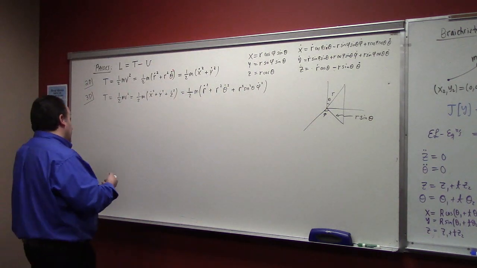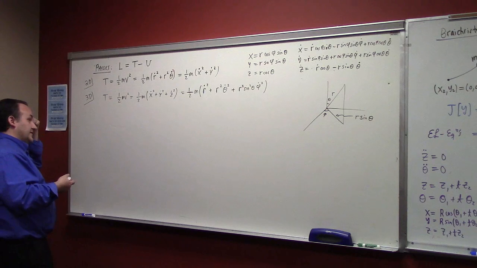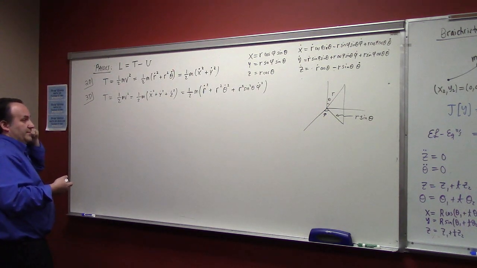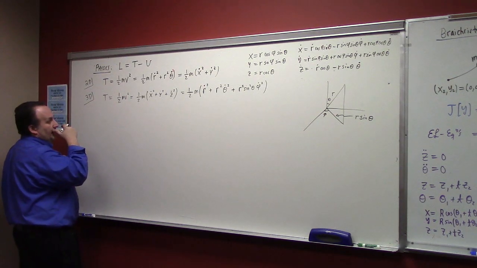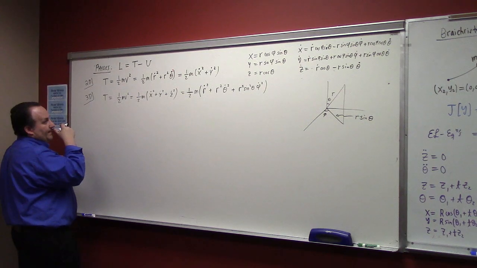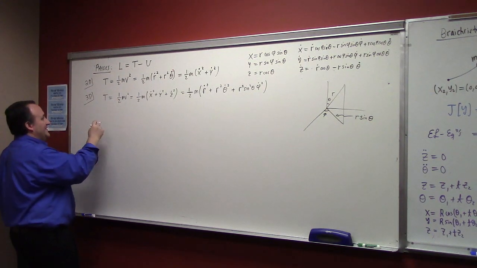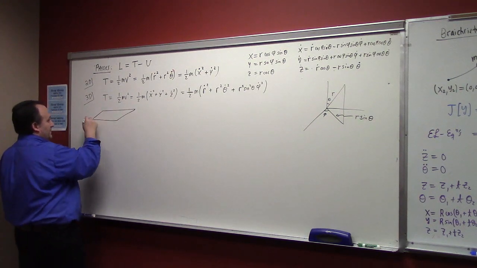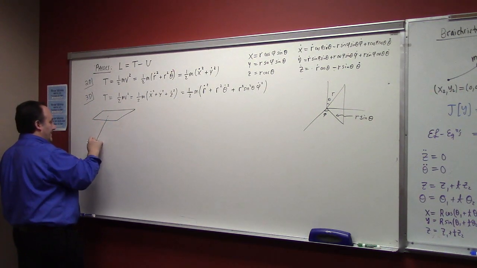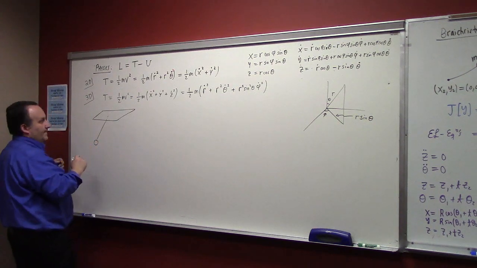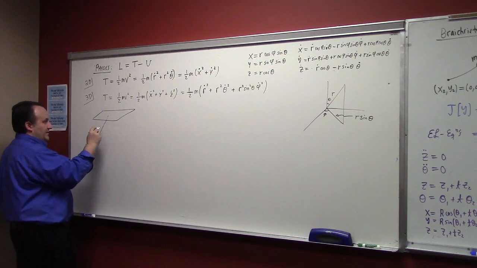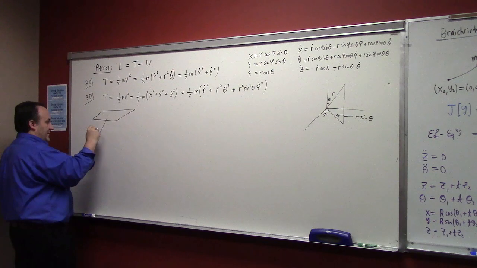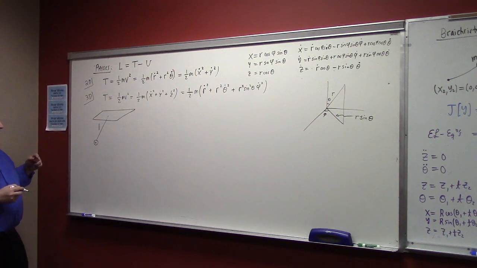And so we could do things like, for example, suppose you've got a ball here, and it's on a string of length L, and it's free to pivot any which way around.